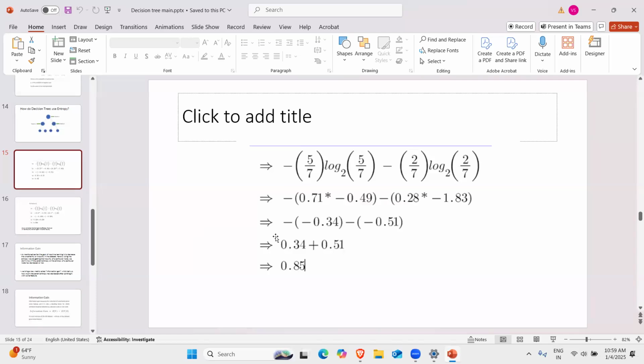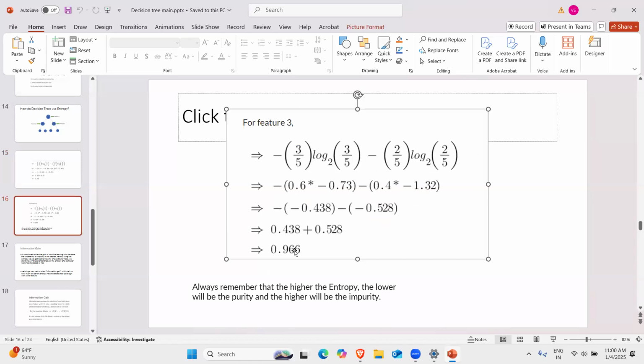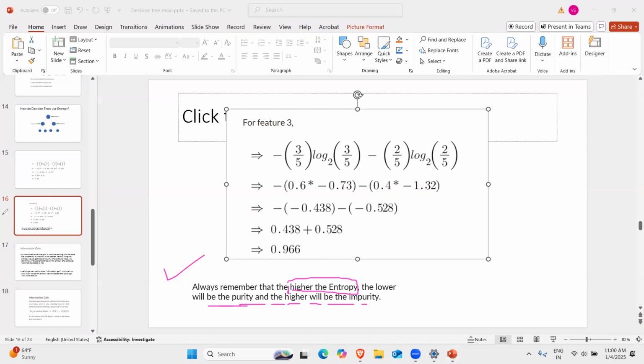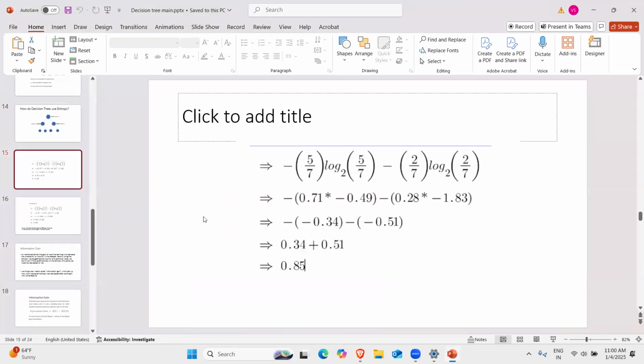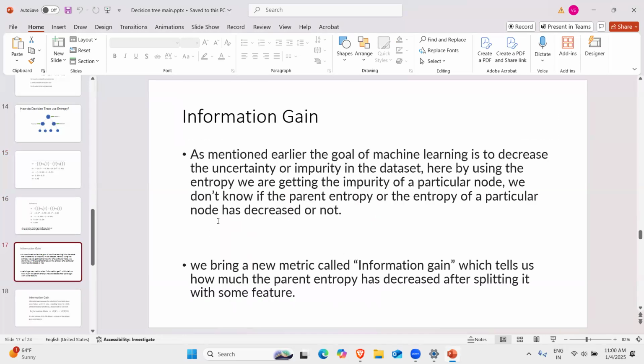For feature number 2, I'm getting 0.85 as the entropy. For feature number 3, I'm getting 0.966 as the entropy. And always remember that the higher the entropy, the lower the purity and the higher the impurity. So we should select that particular split where we have less entropy. But what about the information gain?